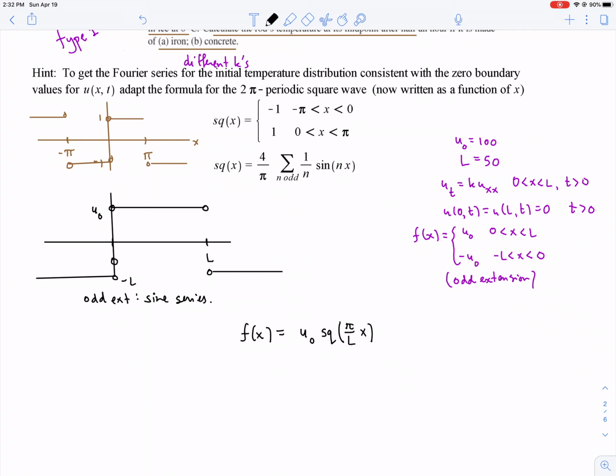And so we can just do the Fourier series for f by taking the Fourier series for the square wave and plugging in pi over L x wherever the x's used to be.